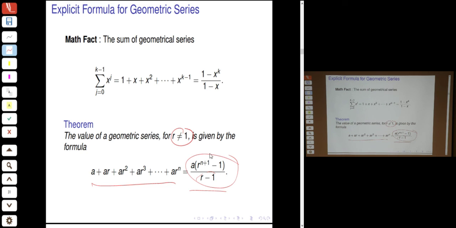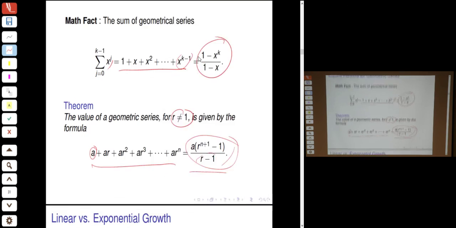So for r not equal to 1, you have a simple formula for the geometric series, and in particular, if the first term is 1 and the common ratio is x, then you get a series of this form, 1 plus x plus x squared up to x to the k minus 1, which you can simplify as 1 minus x to the k over 1 minus x.